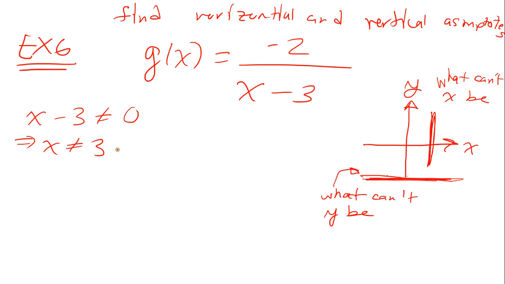So my vertical asymptote, because that's why it's good to draw this figure, for X, you're saying what can't X be, so you're going to say X equals 3. So the line X equals 3 is going to be my vertical asymptote. Okay.